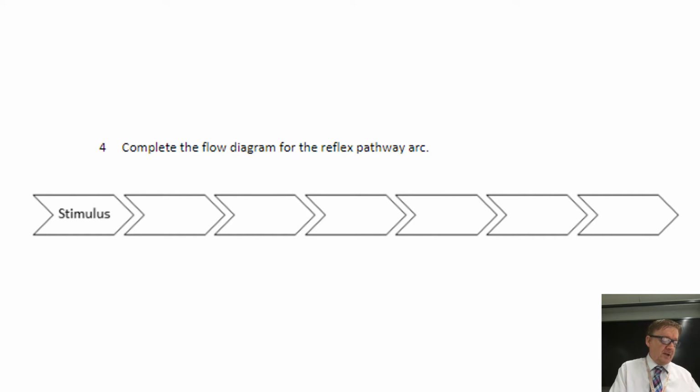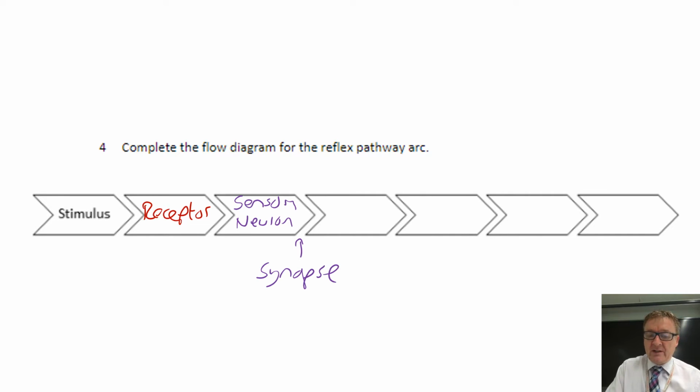Now this is the flow diagram for it, where I've just added in all the different steps. So, the stimulus is detected by a receptor. The receptor then sends a message down the sensory neuron. In between the sensory neuron and the next neuron, there is a synapse. Okay, then you go from the sensory neuron into the relay neuron, which is the one in the spinal cord.